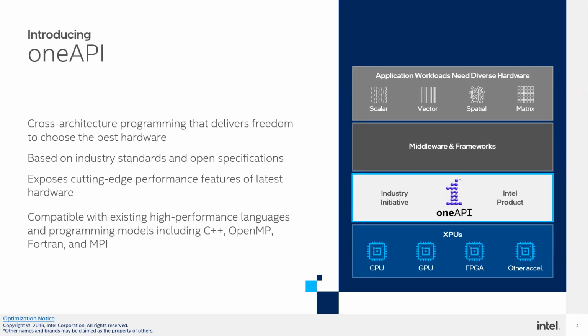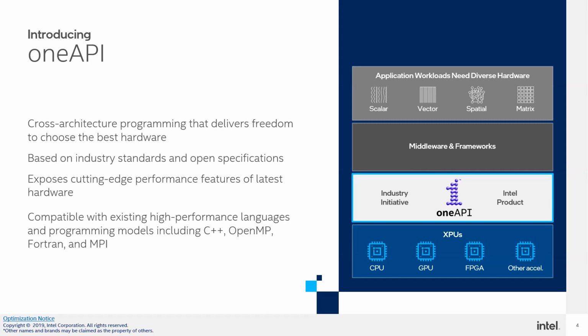The goal, as mentioned, is to deliver a unified language and set of libraries that provide full native code performance. And we want this performance across different hardware accelerators like CPUs, GPUs, FPGAs, and any other AI accelerators that may come into existence in the future.